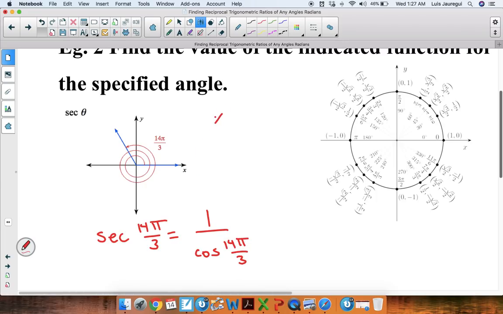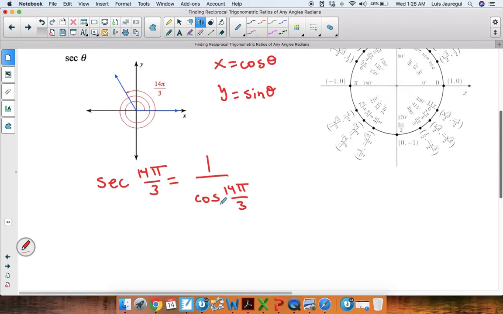And let's also remember that on the unit circle we have that x is equal to cosine of theta and y is equal to sine of theta. So in this case, let's focus our attention on the cosine. So we have cosine of 14 pi over 3. Since that's not an angle on the unit circle, let's find the cosine of a coterminal angle. So this is the same as cosine of 14 pi over 3 minus 2 pi.